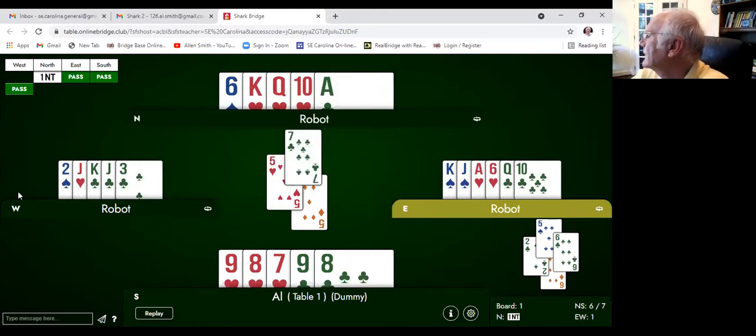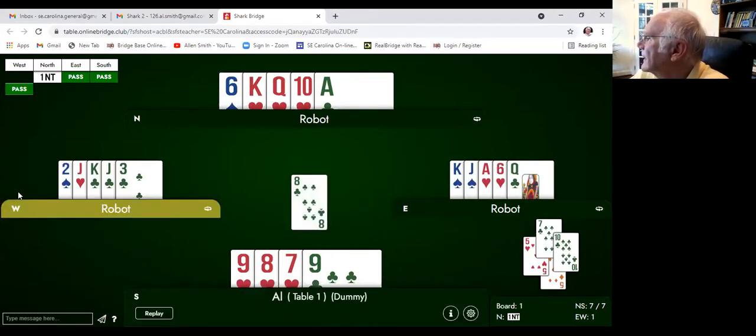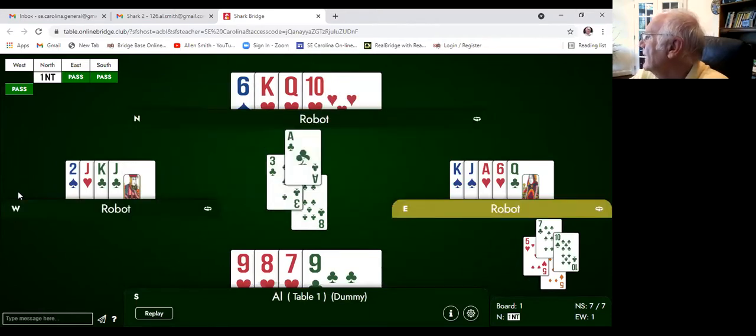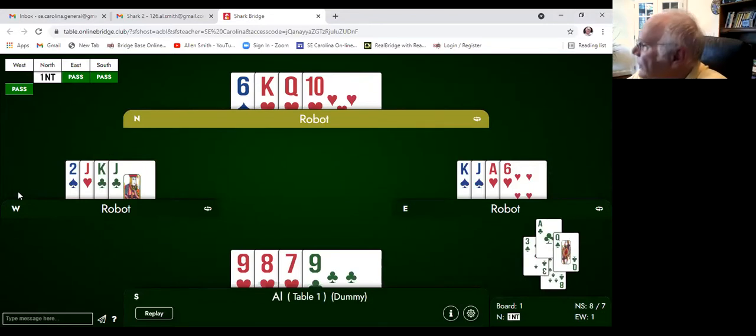Okay, and everybody gets squeezed in here. So we've got 7 tricks, and what we're going to do now, because they were pretty good on their defense, they drove out those spades, is go ahead and just take our king and ace of clubs. All right, so what we did, because we passed, we ended up taking 8 tricks, making 2 no trump.